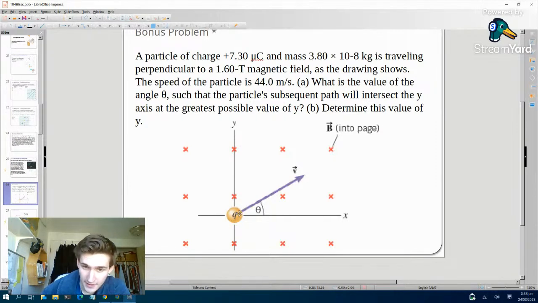So the maximum distance that it can travel from the origin is going to be the distance right here plus the distance right here. What I'm confused about is why the angle has to be 0 for it to be the maximum. Oh, wait, no.